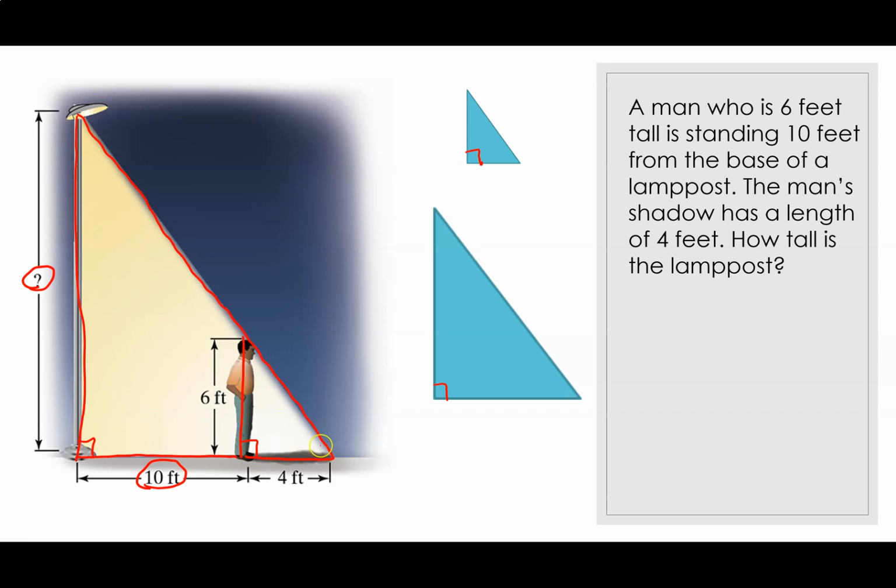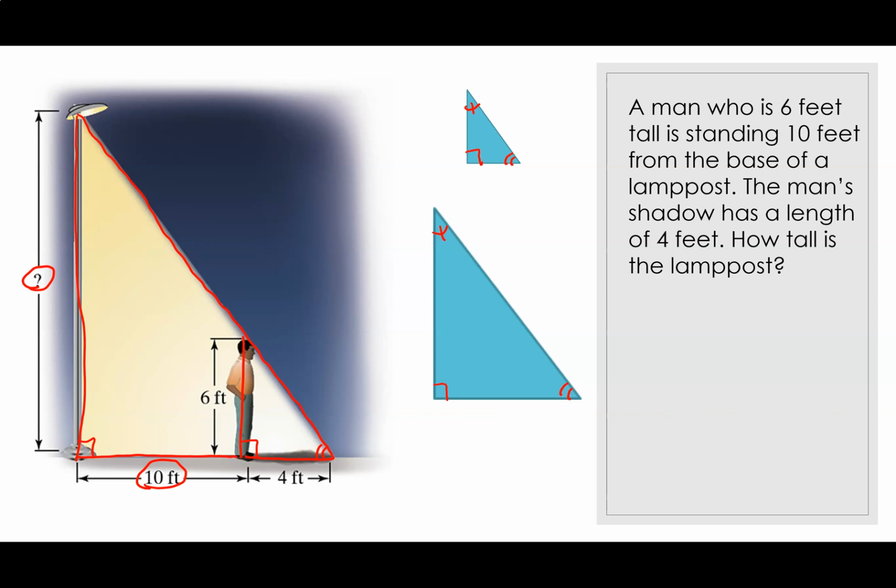Okay, this angle right here is a shared angle for both triangles, so those must be the same. And if we have two angles in a triangle being the same measure, then the third one is going to have to be the same because the sum must be 180 altogether. So we will say that these are similar triangles.